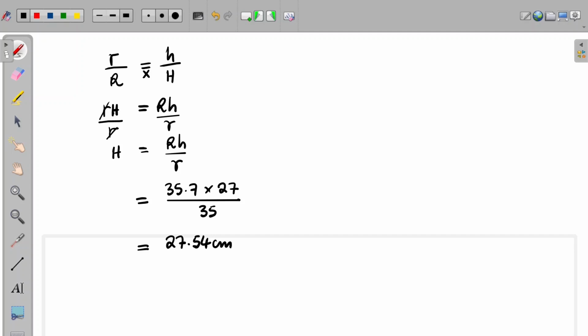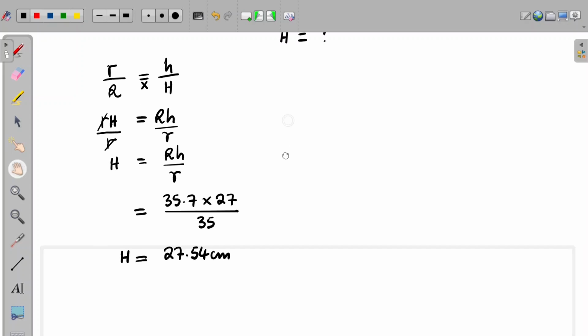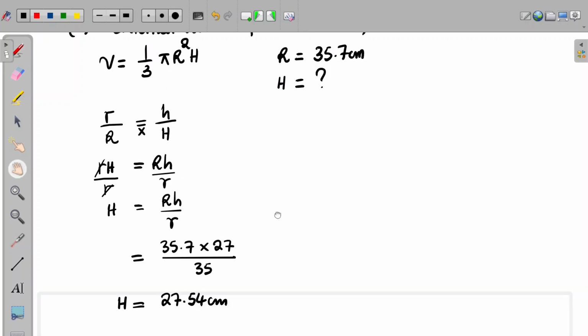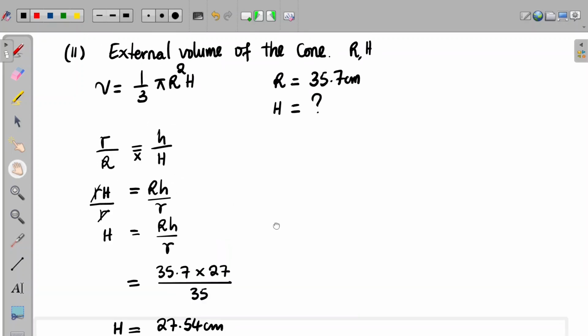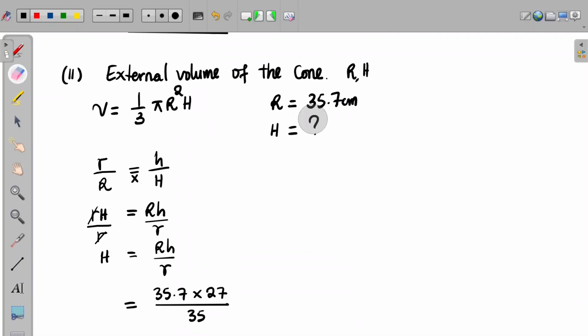So this is the capital H. And now we know capital H is 27.54.